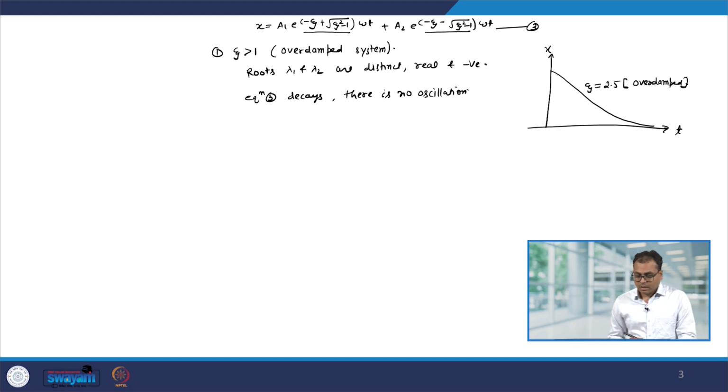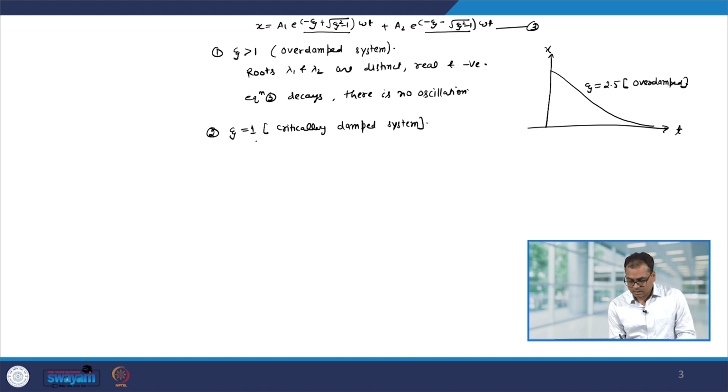Okay. Now, let us look at the second case when xi is equal to 1. This is called the condition for critical damping, the critically damped system.